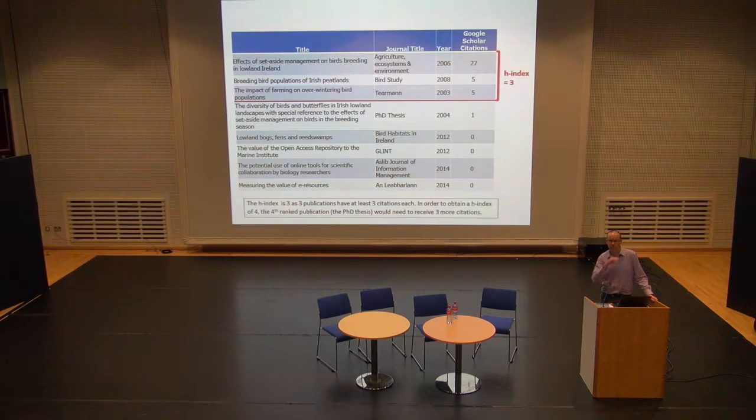It's a simple enough metric once you get your head around it. If this is an H-index of 4, it needs 3 more citations for this publication, and then it's 4 publications with at least 4 citations each.